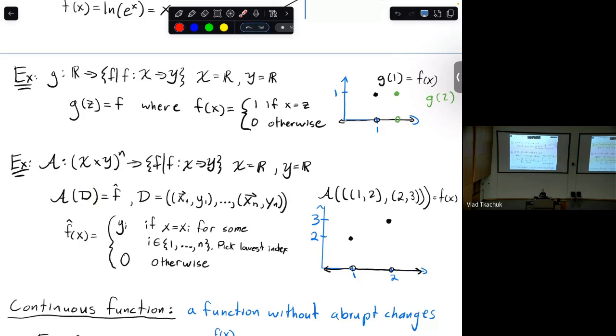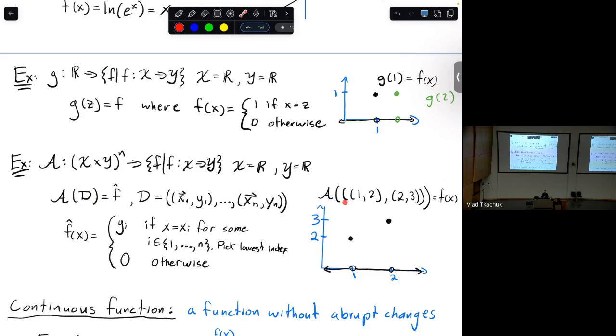If it contains the feature, then I just output the corresponding label. If it doesn't, then I just output some arbitrary number, such as 0. So maybe let's look at the plot first, and then we look at the definition. This is going to be very important because this is the first example of some learner. Once again, maybe not a great learner, but good to keep in mind how this is working.